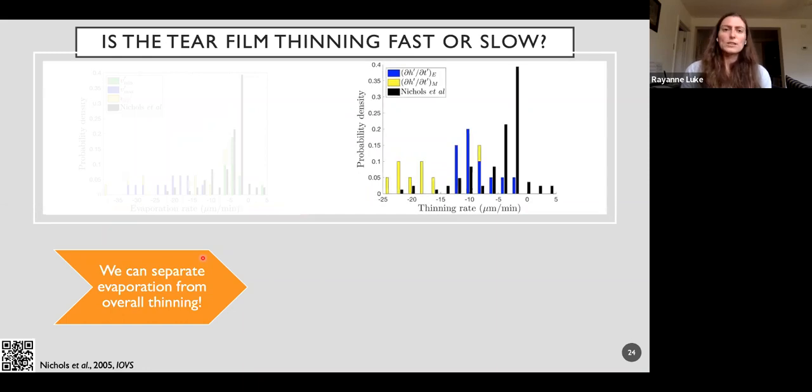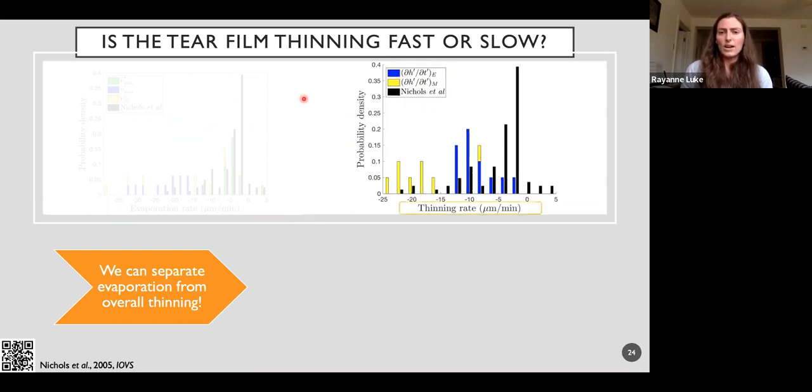So I mentioned it's more realistic to compare our overall thinning rates because this paper was not able to separate evaporation from overall thinning. And the blue here is going to be the model without Marangoni effect, so just evaporation. And the yellow is going to be with both evaporation and the Marangoni effect.